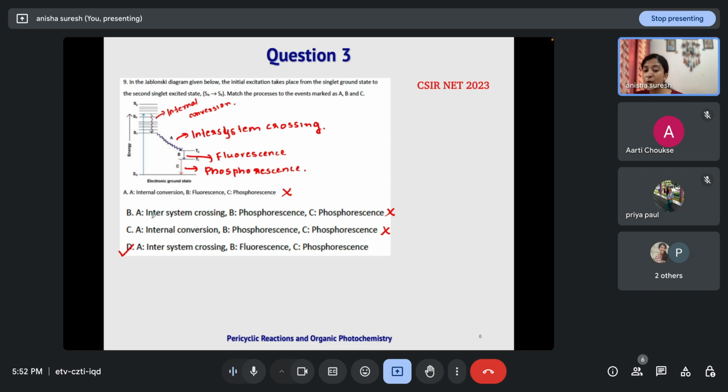So out of the four options, option D will be the right answer. A is inter-system crossing, a non-radiative pathway from S1 to T2. B is fluorescence, a radiative process from T2 to T1. And C, the radiative process from T1 to S0, is phosphorescence.